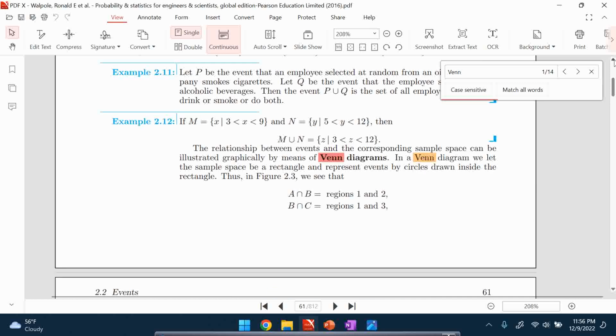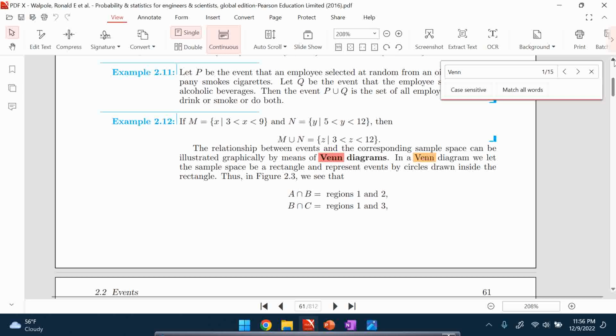It is mentioned here: the relationship between events and the corresponding sample space can be illustrated graphically by means of a Venn diagram. In a Venn diagram, we let the sample space be a rectangle and represent any events by circles drawn inside the rectangle.